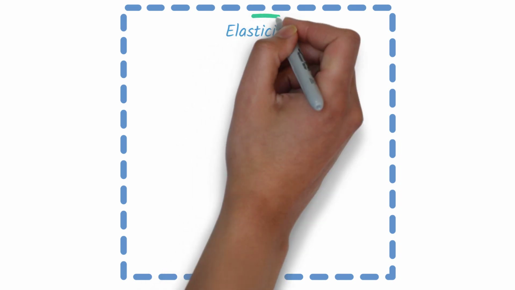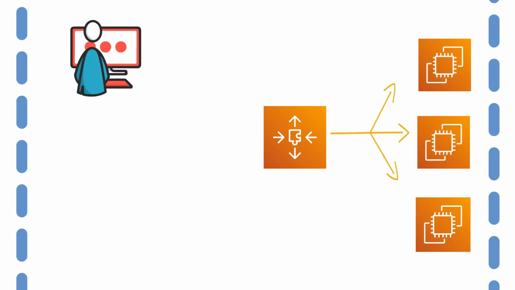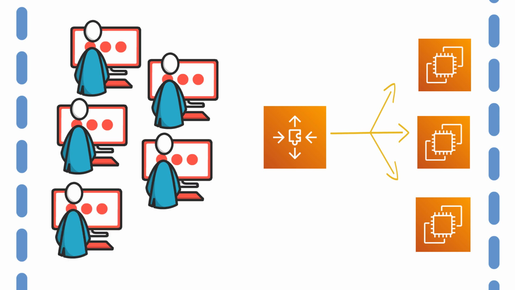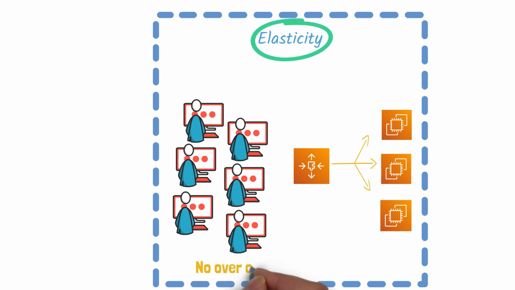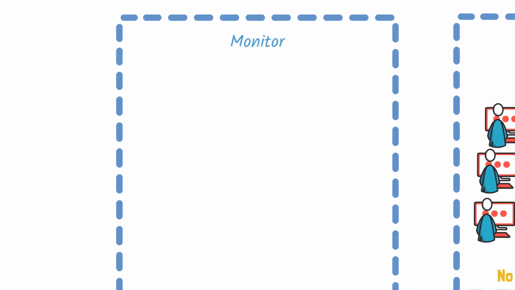Elasticity. Using cloud services like auto scaling, you can build elastic architectures that can withstand varying loads by automatically scaling up and down when needed. This way, you do not have to over-provision or under-provision the resources. Monitor.